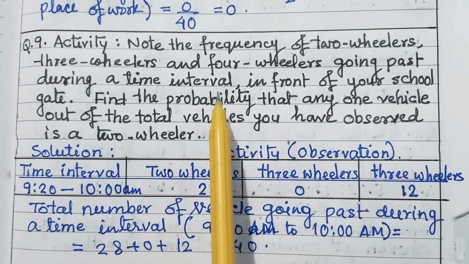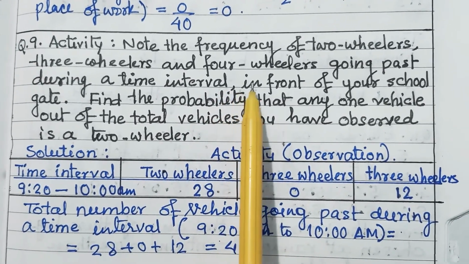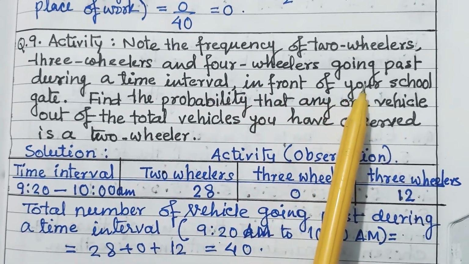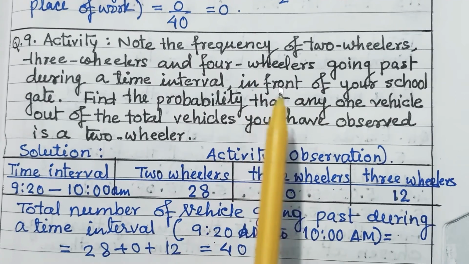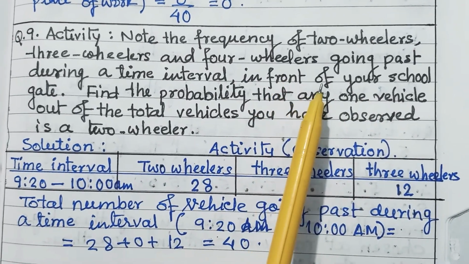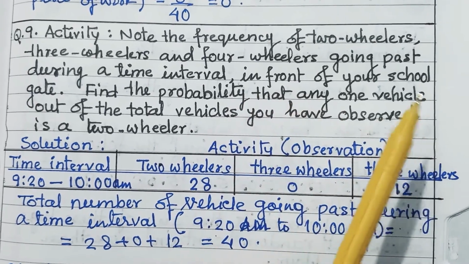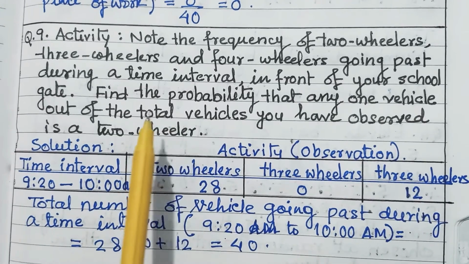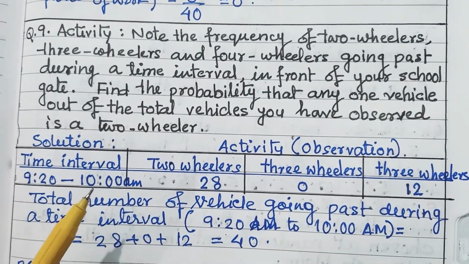So that means in a certain time, suppose in maths period, the students will sit in front of the gate and collect data on how many two-wheelers, three-wheelers and four-wheelers pass in front of the school.